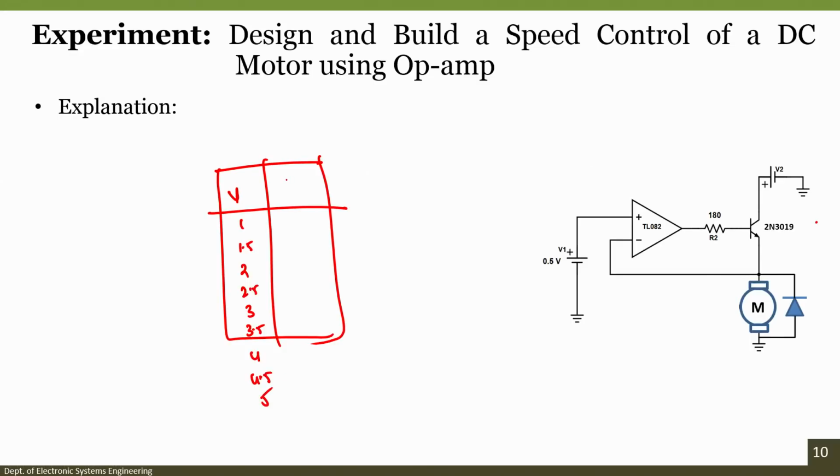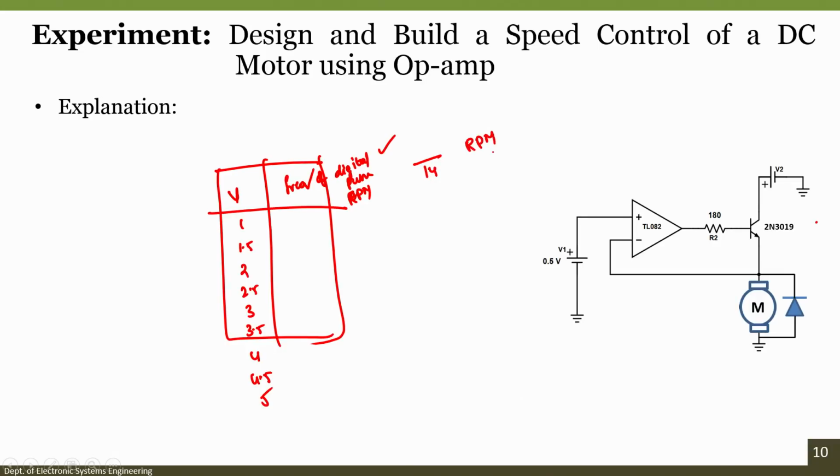We will observe the frequency of digital pulses by using a CRO. Or we can also count how many pulses we are getting, which gives me the RPM. If we know the frequency of the digital pulses, then dividing the number of digital pulses by 14 gives the exact RPM of our motor.